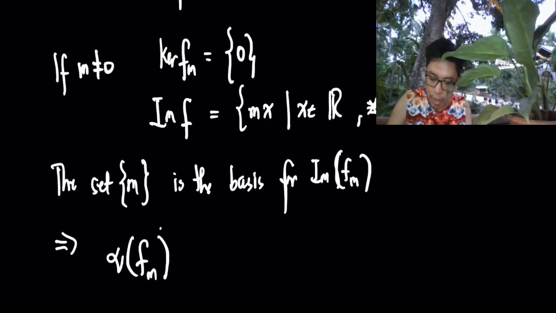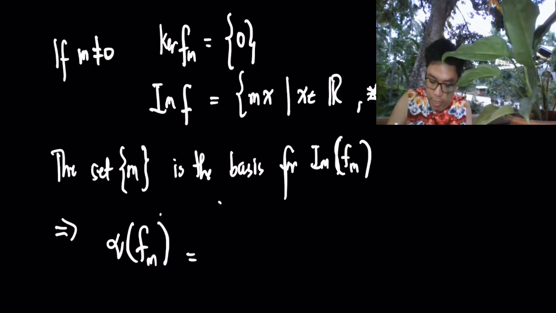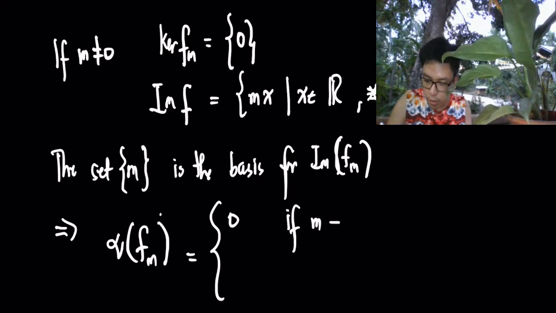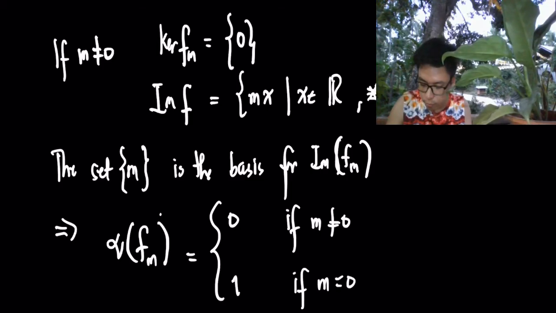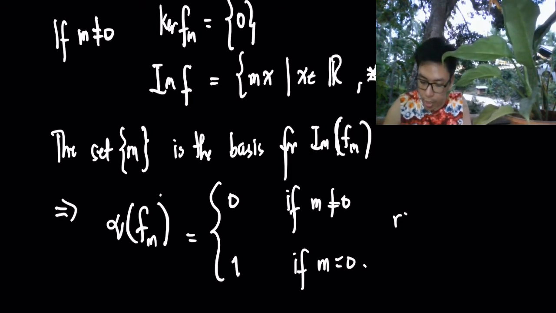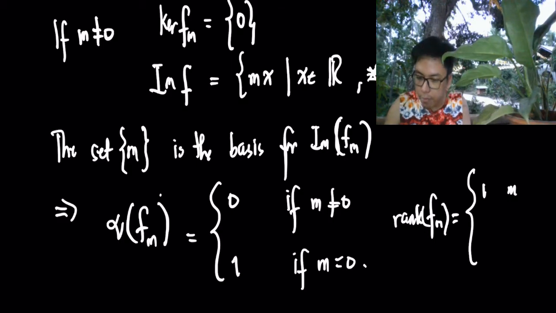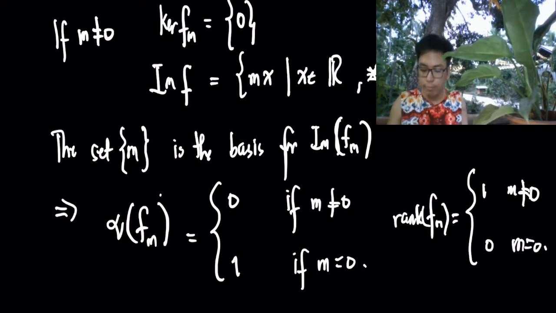So what's the nullity of Fm? There are two cases. It is 0 if M here is not 0, and it is 1 if M here is 0. Okay, the rank, however, of your Fm is actually 1 if M here is not 0 and 0 if M here is 0.